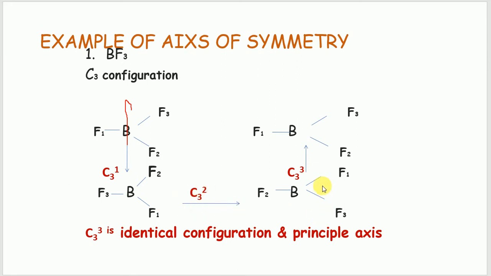A 120-degree rotation again results in an indistinguishable configuration. Next rotation, that is C3^3. A 120-degree rotation again results in exactly the similar configuration, that is the configuration with which we had started.